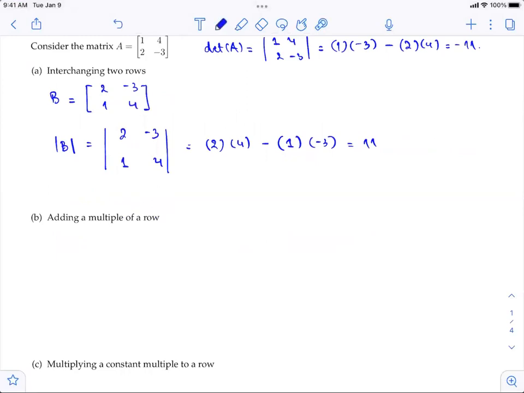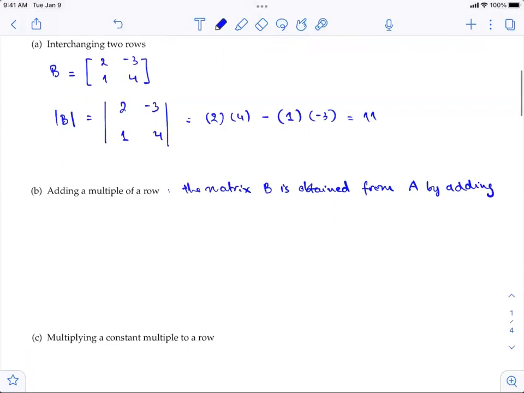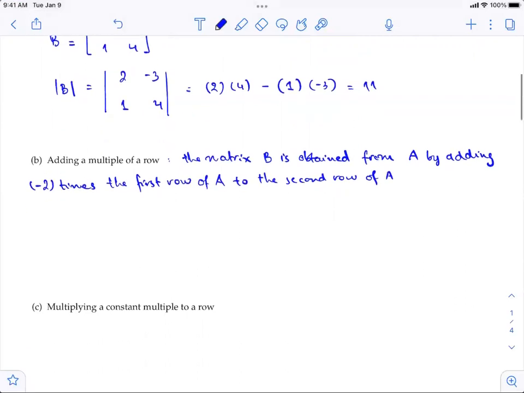So the matrix B is obtained from A by adding, let's say, -2 times the first row of A to the second row of A. Right, so let's start with A. The matrix A is of the form 1, 4, 2, -3.